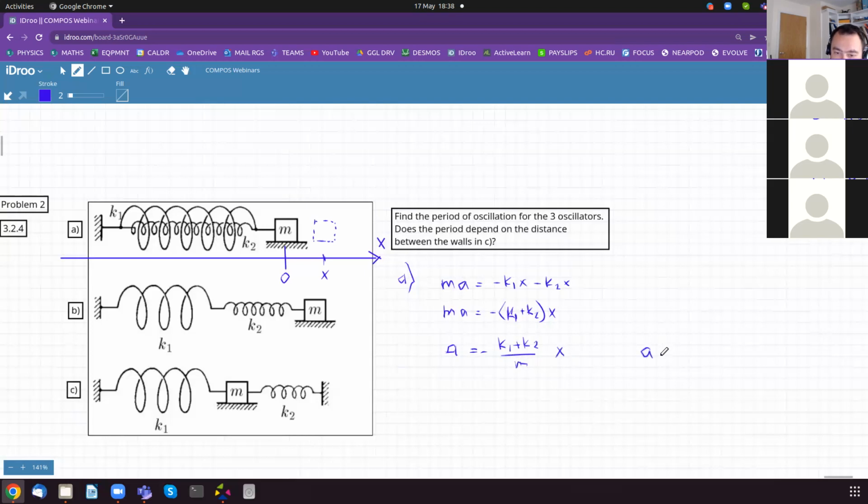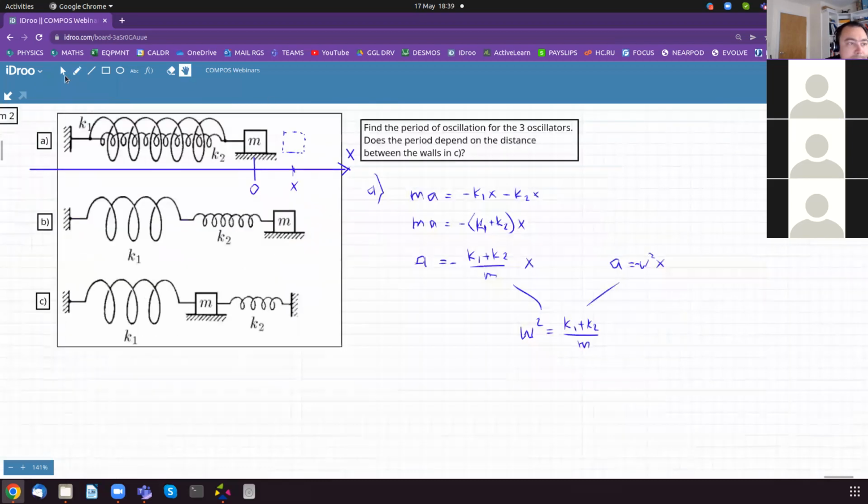We compare it to the equation minus omega squared x, and we see that omega squared is k1 plus k2 over m, and of course the time period is 2 pi over omega, which is 2 pi square root of m over k1 plus k2. That's the time period.